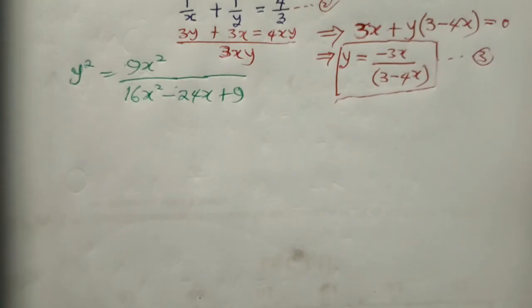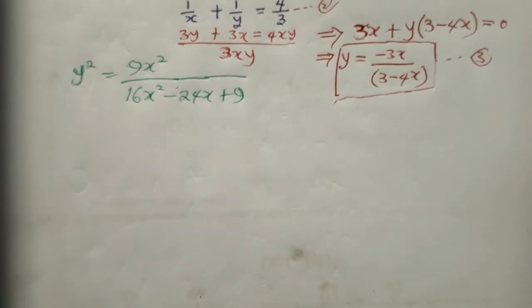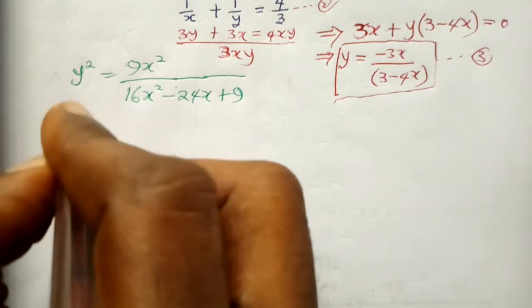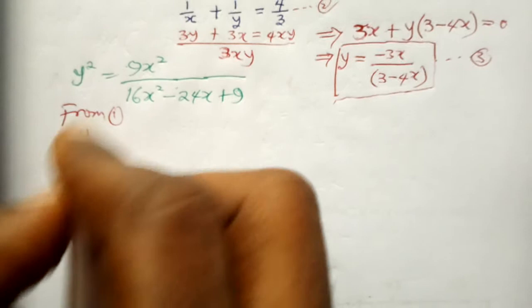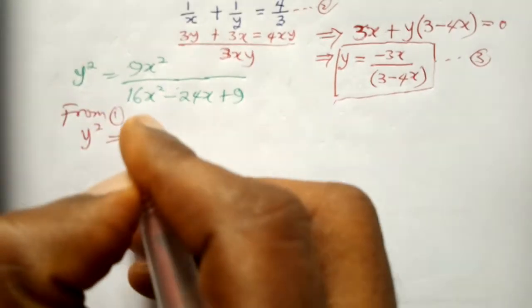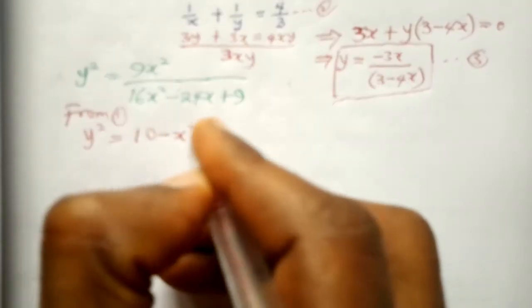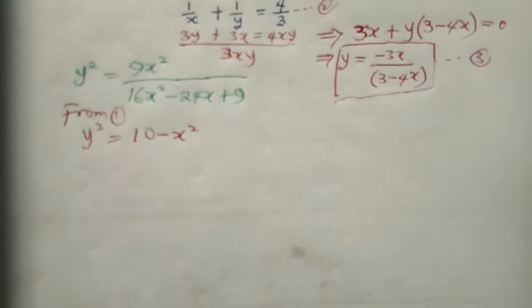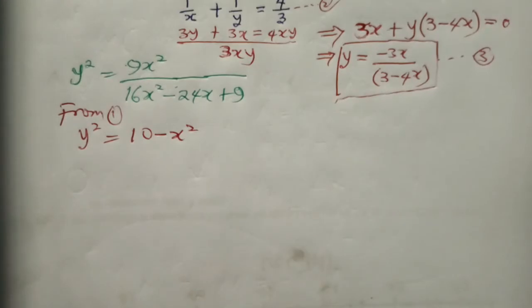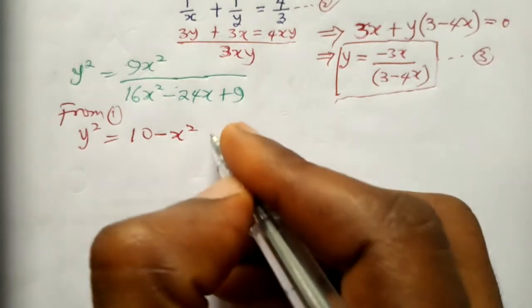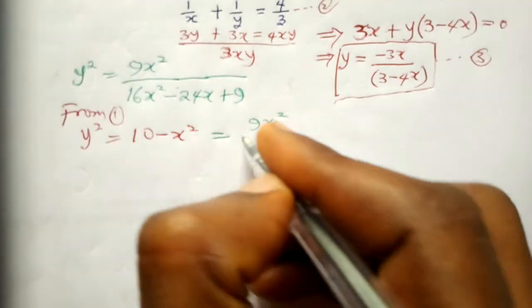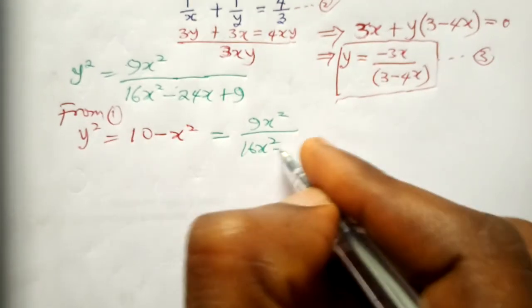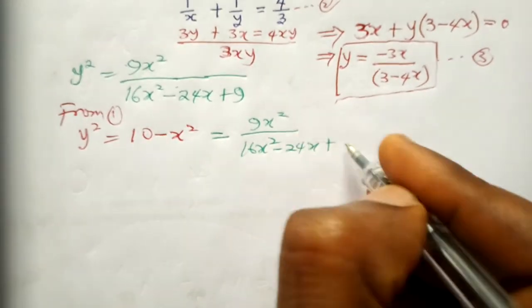Also, we can see that from equation 1, we have that y squared is also 10 minus x squared. So that means that we can easily equate these two. If we equate these two equations, y squared is equal to 9x squared over 16x squared minus 24x plus 9.